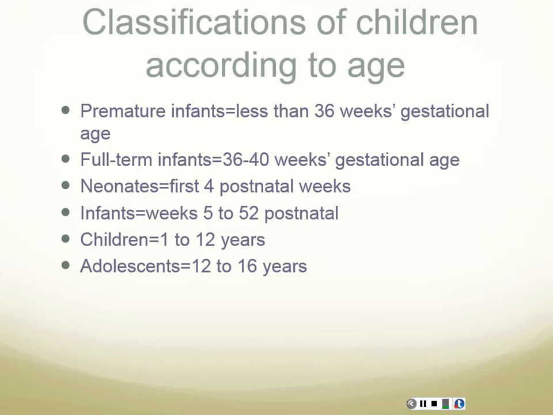Classification of children according to age. This is just a general breakdown for you as far as understanding the age differences between each classification. So you've got preemies, you've got full-term infants, neonates, infants, children, and adolescents.